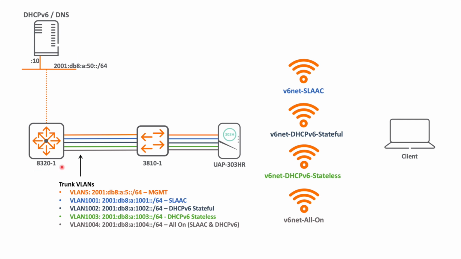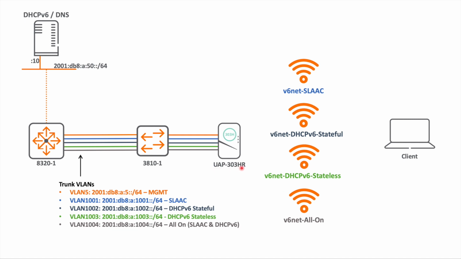Now, the 8320 is positioned as a core or an aggregation layer device. And to play the access layer role, I've installed an Aruba 3810 here. That is a layer 3 device, but in this network, it's just going to be performing a layer 2 function and power over Ethernet. And I've connected into that switch an Aruba access point, so a UAP 303HR.